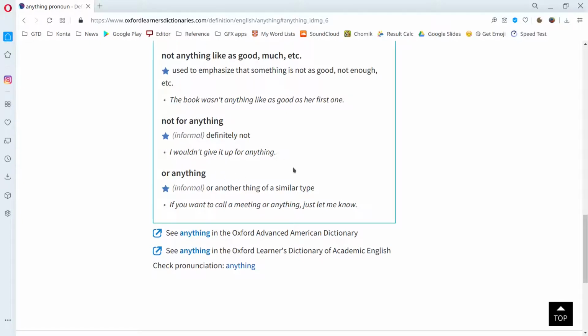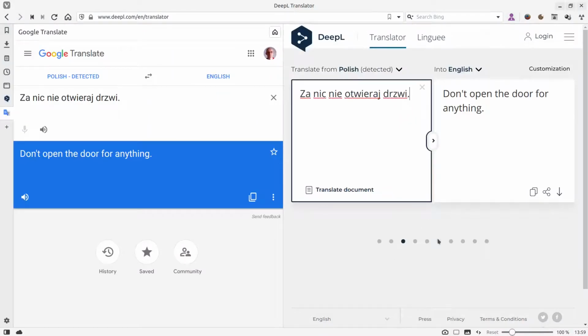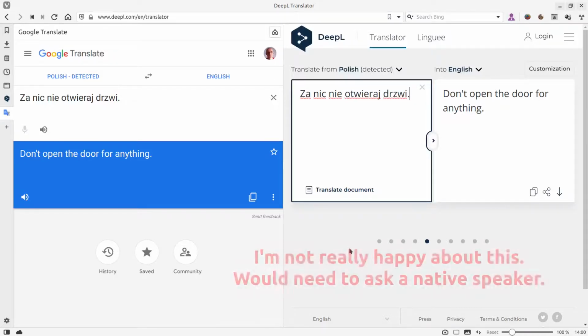Right, so in this context, this would be an accurate translation of za nic. Don't open the door for anything. Right, if you just substituted this with definitely not, it wouldn't quite work. Well, you could say definitely don't open the door. So perhaps it's okay. I'm really not sure.